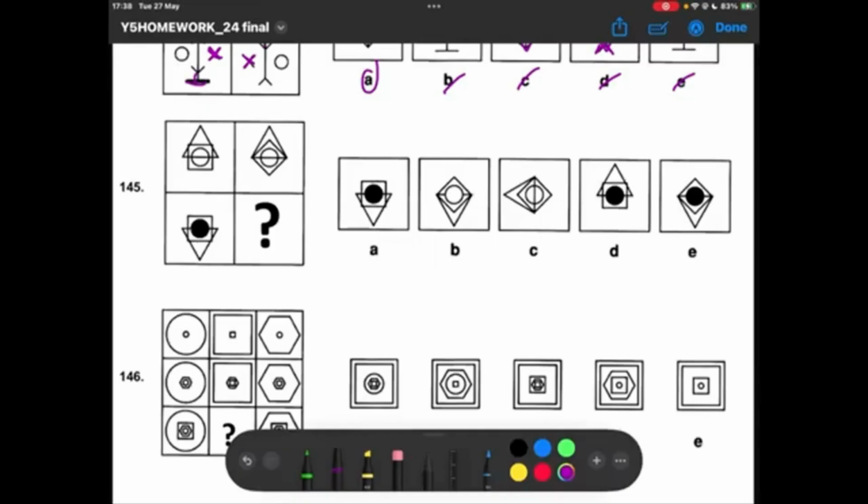So here, that triangle stays the same, and the circle on the inside stays the same. Actually, let's look at this vertically instead, because I've just realized that these two are a mirror image of each other.